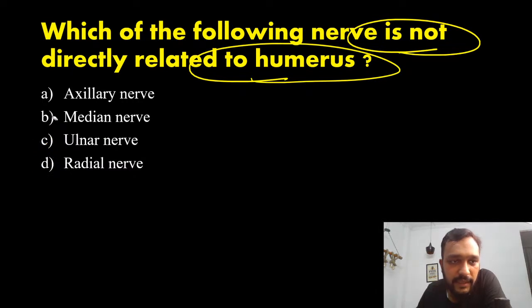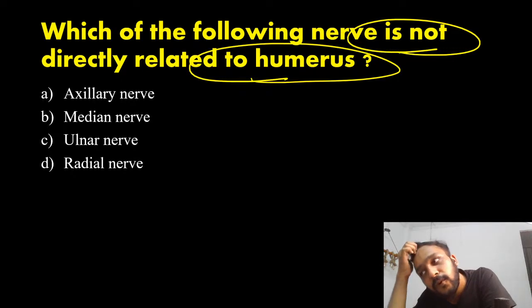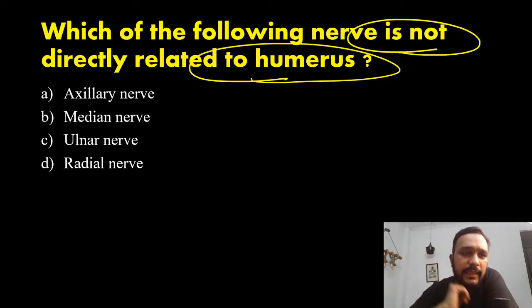Which of the following nerves is not directly related to the humerus? No, the answer is not C. Anyone else who would like to answer this question?